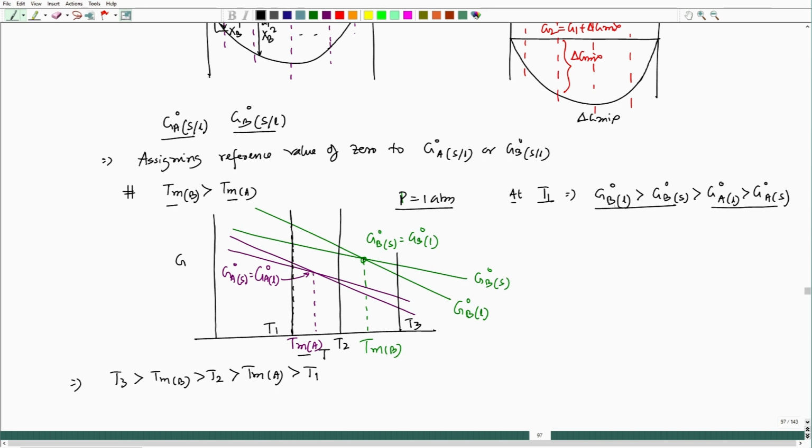Since at T1 the standard free energy of B in the solid condition is lower than that of B in the liquid condition, I can assign G_B^0 solid as 0, and accordingly G_B^0 liquid will sit above.